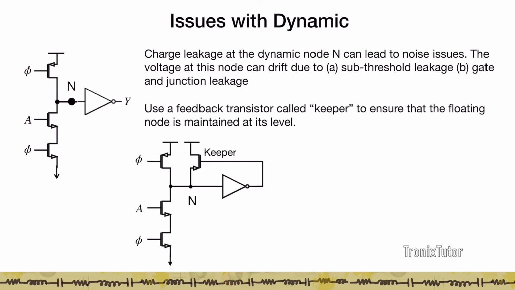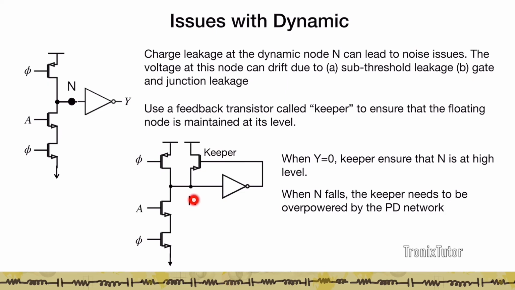And to ensure that this node, which is essentially a non-contacted node, is healthy, we sometimes use a feedback circuit with what is known as a keeper transistor, where we take the output of the domino gate and feed it to a PMOS transistor, which ensures that if this node falls low, this PMOS is eventually going to pull this node up high. So when Y is equal to 0, when the output of the inverter is 0, this PMOS turns on and ensures that N is kept at high.